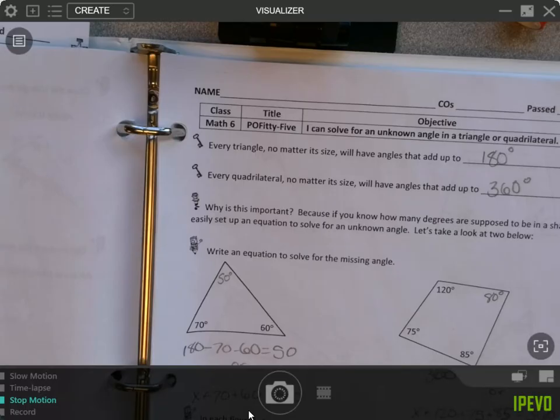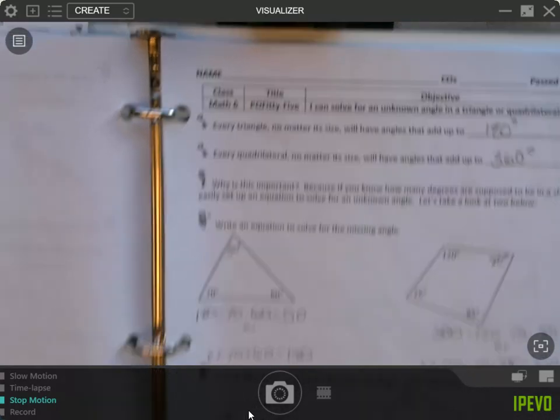So anytime it's a triangle, angles equal 180. Anytime it's a 4-sided figure, a quadrilateral, it's going to equal 360 degrees. So we needed to use what we know about angles and about those supplementary and complementary angles to be able to solve for an unknown angle.